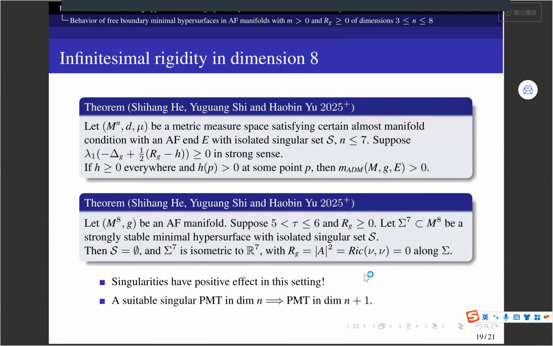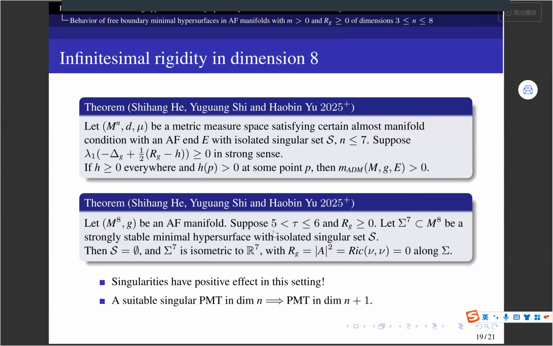If you have singularity, then the second fundamental form is very large around that singularity, and this will contribute a large term to the scalar curvature of the hypersurface due to the second variation formula. This will show that the scalar curvature of the hypersurface is very large in the spectral sense if the singularity set is not empty.